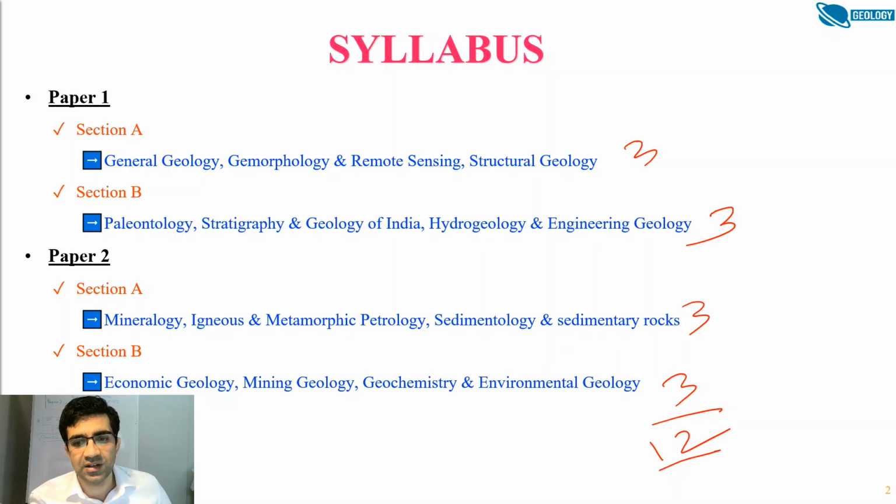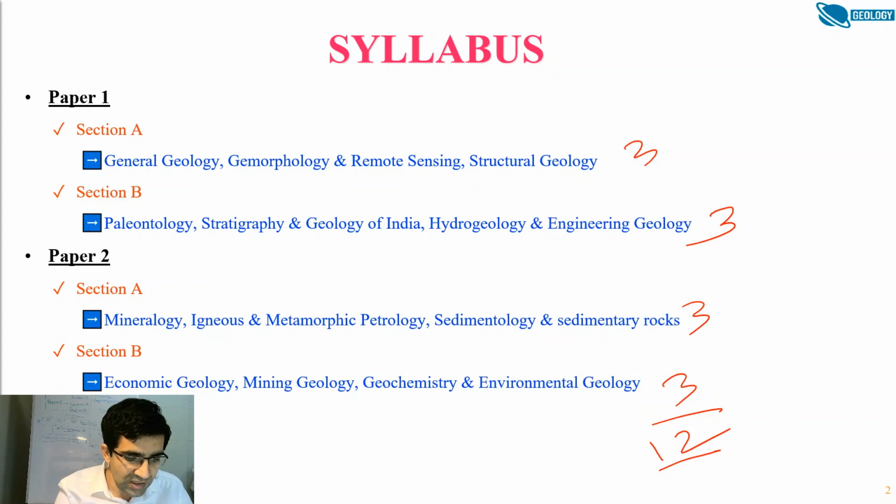Now you may think that you have a total of 12 subjects for the paper, but in reality the number of subjects is more than 12, because what UPSC has done is they have clubbed some subjects together so that they can have three in each section. And then when we look at the question paper pattern, it fits into that pattern. That is why they have decided to put three in each section, because that is how they will divide the questions in the paper.